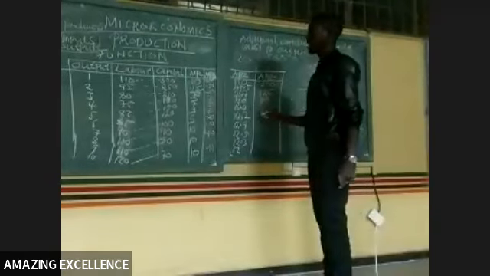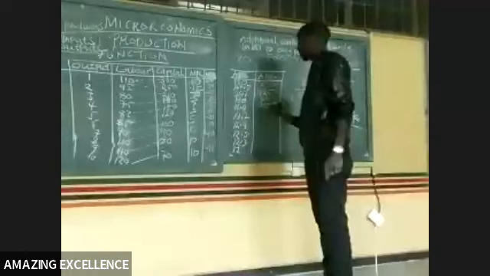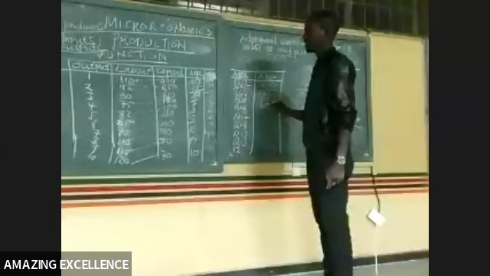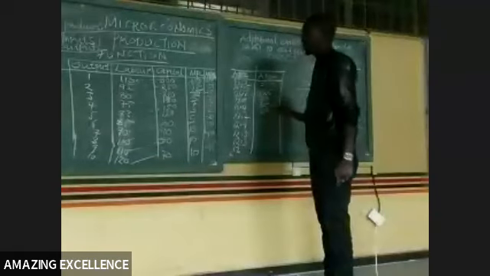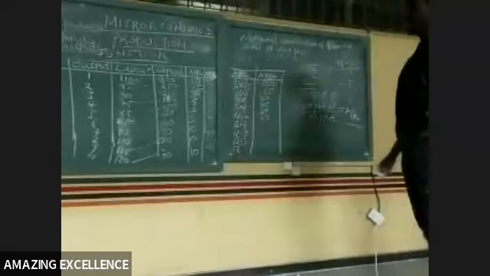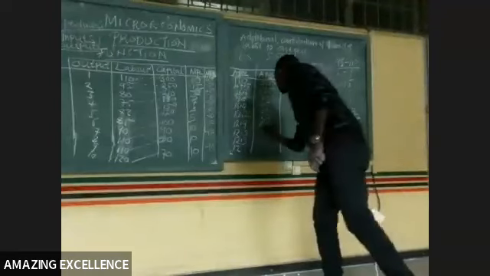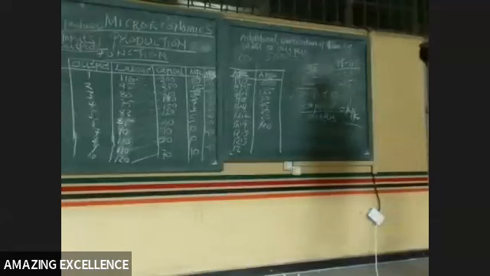Then 180 divided by 4, it's 45. Then 150 divided by 5, it's 30. Then 120 divided by 6, it's 20. Then 100 divided by 7, 14.3. Then you have 90 divided by 8.